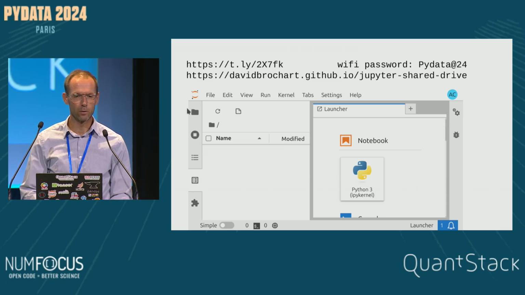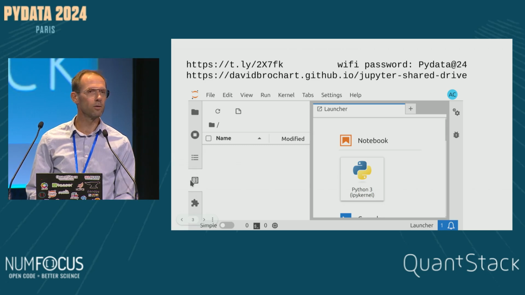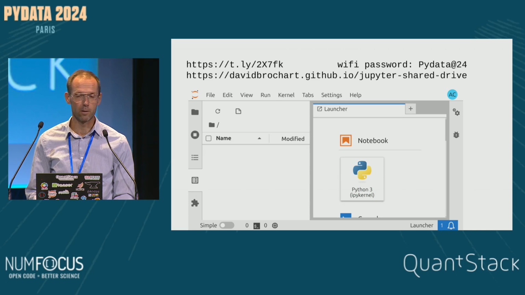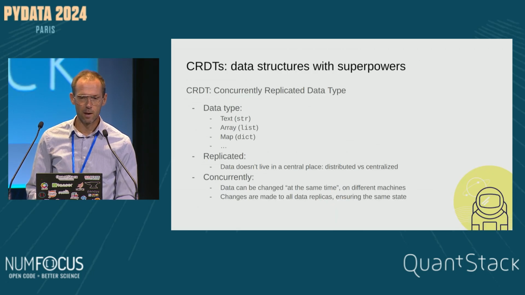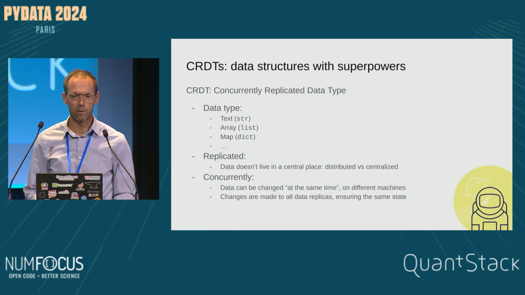So if you go to this drive there, you could actually, during this talk, work on the same document. So for people who have a laptop or even a smartphone. But maybe I will show that at the end of this talk if we have time.